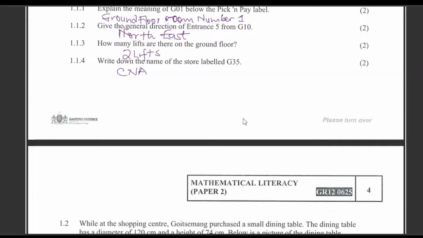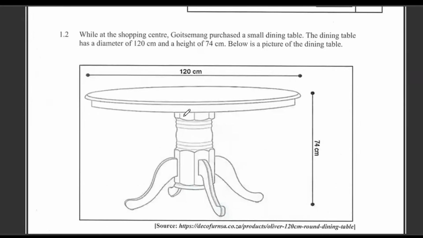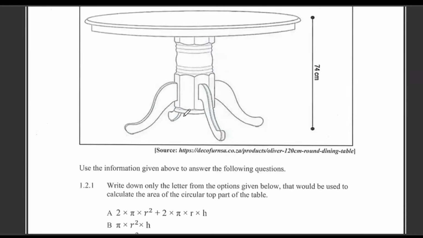Okay, then we continue. We go to question number 1.2. While at the shopping center, Kosieme purchased a small dining table. The dining table has a diameter of 120 centimeters and a height of 74 centimeters. Below is a picture of the dining table.